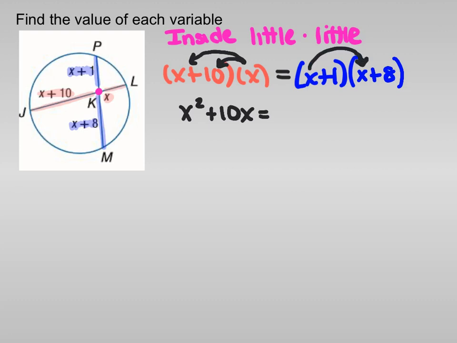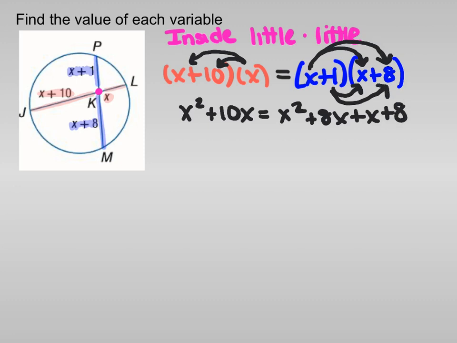So x times x becomes x squared, x times 8 becomes 8x, 1 times x becomes plus 1x, and 1 times 8 is plus 8. Now if I simplify, I get x squared plus 10x equals x squared plus 9x plus 8.